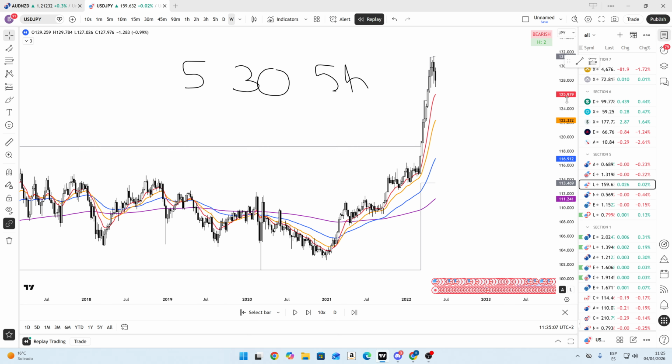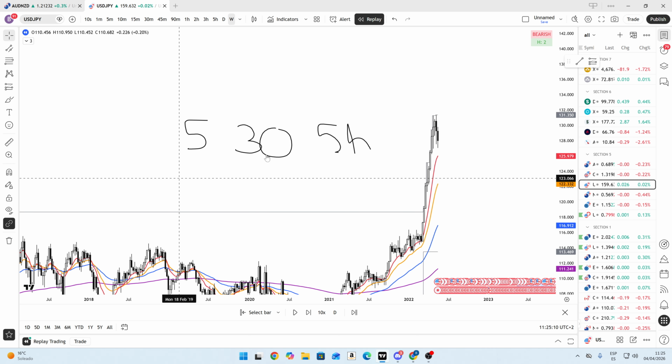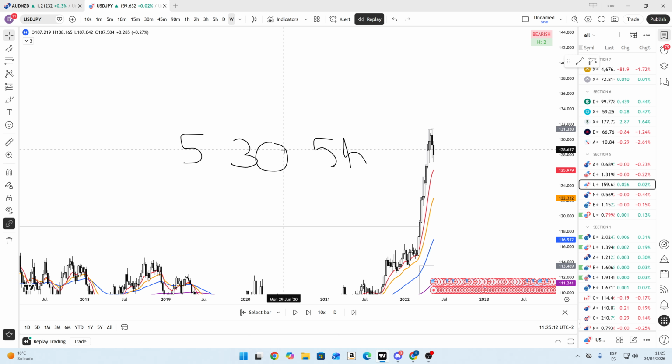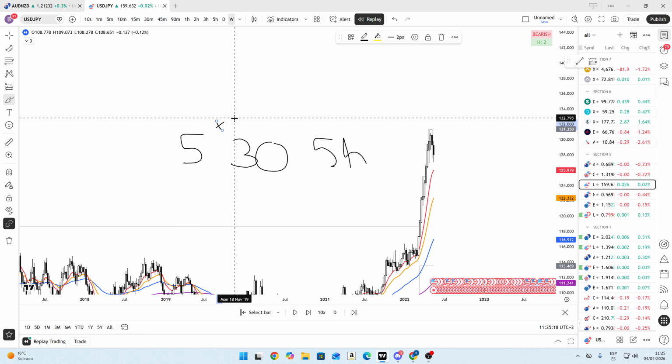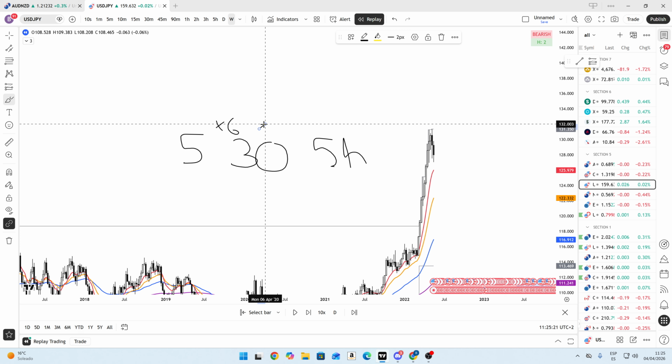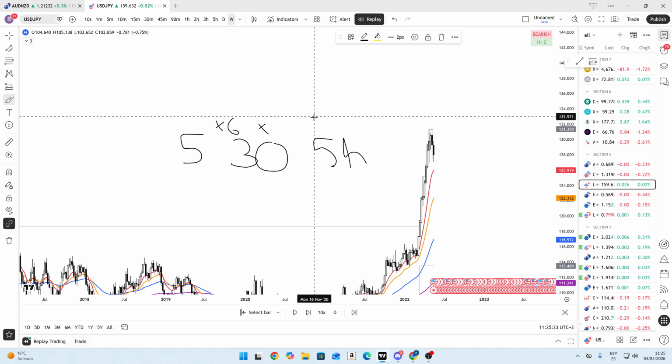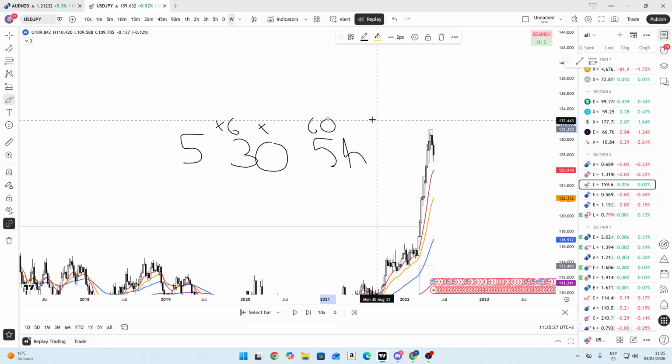If you want the same formula, the same logic that I use for these time frames, just multiply your entry time frame times 6 and multiply your entry time frame times 60. That gives you your middle time frame and your higher time frame.